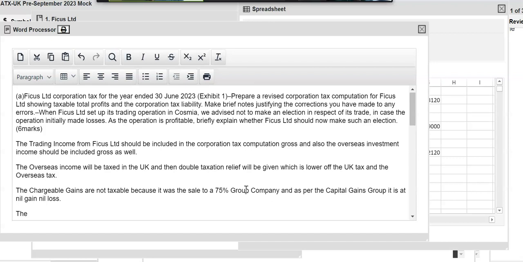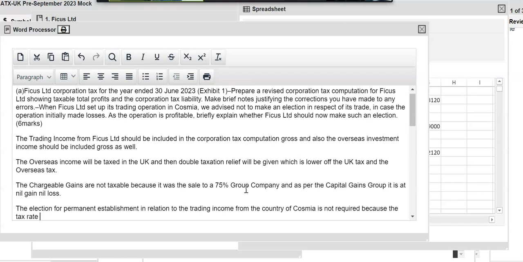So let's write the election for permanent establishment in relation to the trading income from the country of Cosmia is not required because the tax rate in Cosmia is 25%, which is higher than the UK.